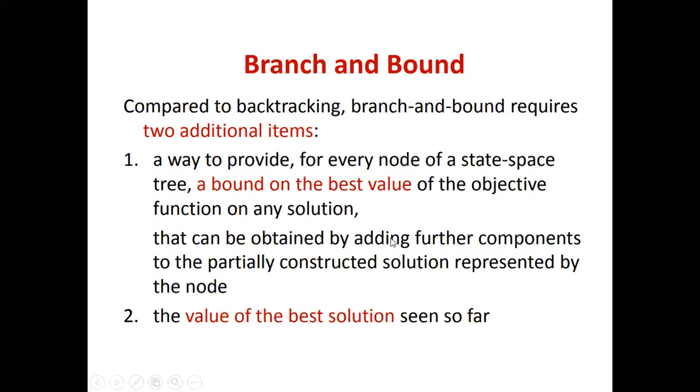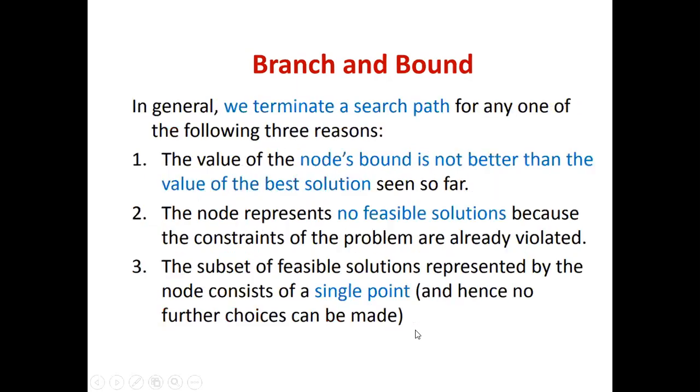For example, if it is a minimization problem, select the one which gives a minimum value. If in the previous branch it gave a minimum value, but now you get a maximum value, then that is not the best solution. So these two are the additional items along with your backtracking you should remember: one is the bound on the best value and the other one is the value of the best solution.